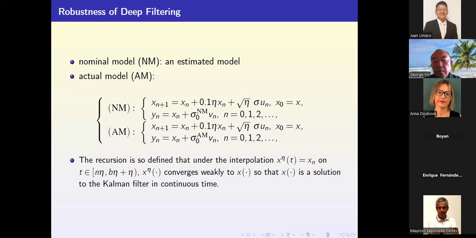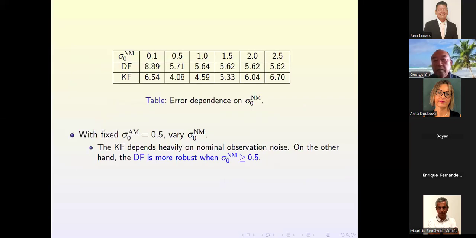What we found is that normally the Kalman filter is highly related to the nominal path, but the deep filter is not so sensitive with respect to the nominal path.